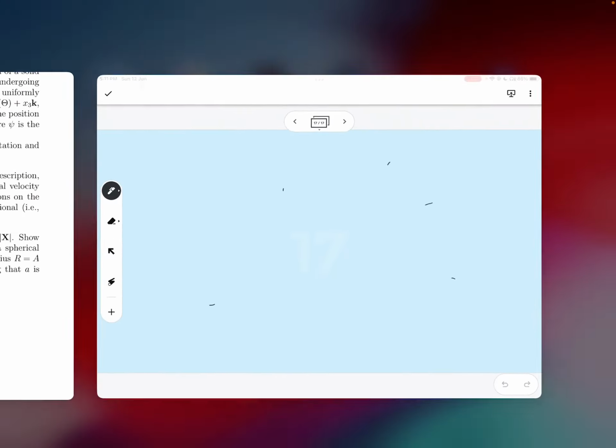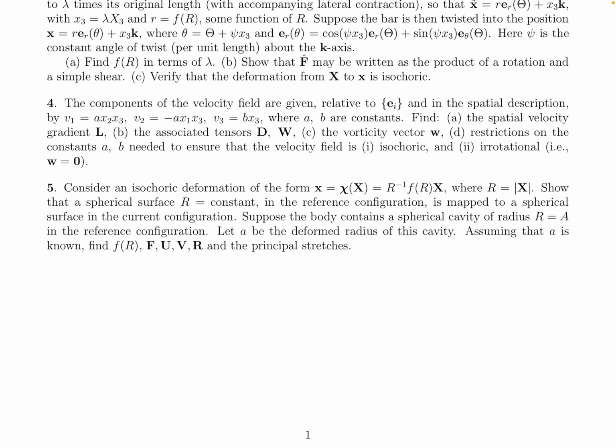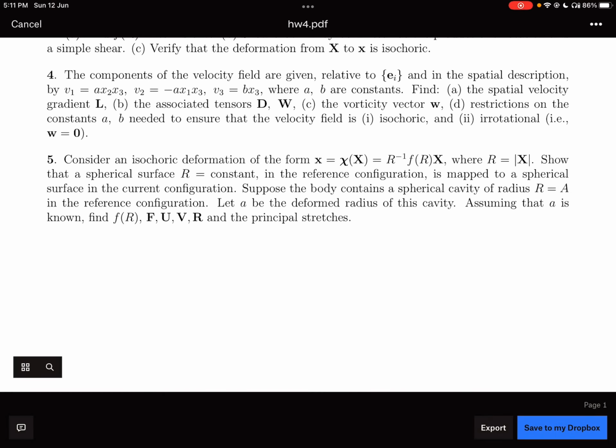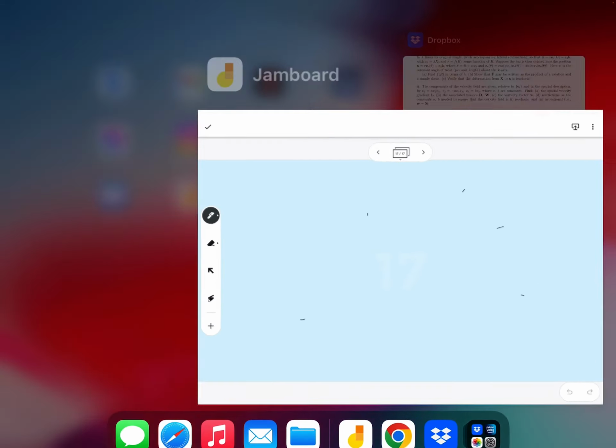Let's look at the second part of the question. Suppose the body contains a spherical cavity of radius capital R equal to capital A in the reference configuration. Let small a be the deformed radius of this cavity. Assuming that a is known, find f(R), the deformation gradient F, U, V, R, and the principal stretches.